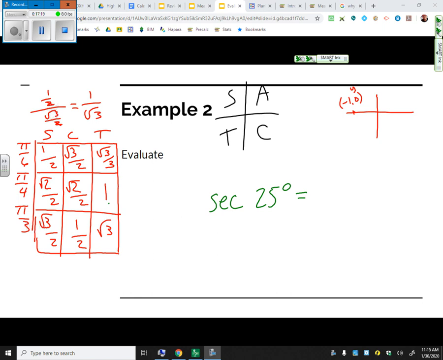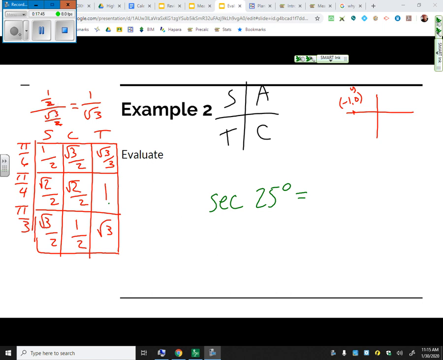It's secant of 25 degrees. You guys find your secant button on your calculator? Sydney says we need to switch our mode back to degrees on this one.